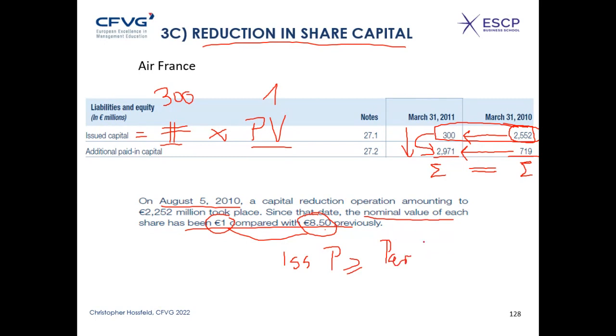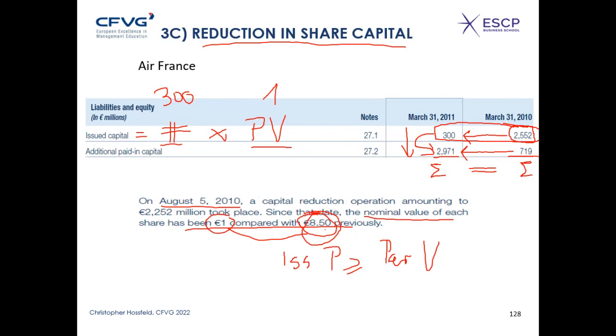In other words, if my par value is €8.50 and I want to issue new shares, I have to issue the new shares at least for €8.50. I can sell them at any price above this, but not below €8.50. And in 2011, actually, the share price of Air France was €9. That means we were very close to the par value.